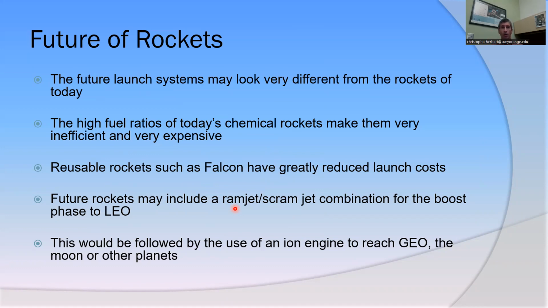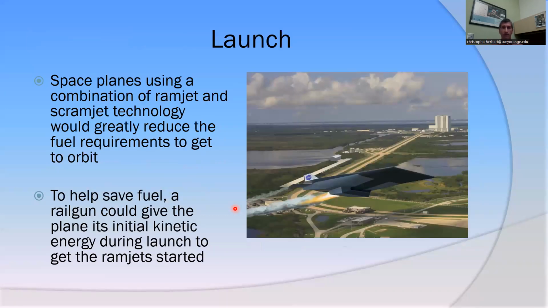Obviously, once we're in orbit, ion engines could take over and then get the payloads to wherever they need to go. Now, we've experimented with different types of hypersonic aircraft, but again, that's not a technology that's even close to being developed.